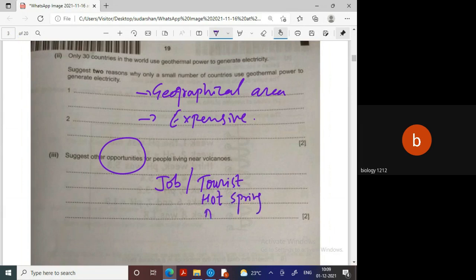You can use the land for agriculture, but for a limited time actually, because lava, magma, basically they are a rich source of minerals, so it's very good land for agriculture, right? So new land formation also takes place, and that is what we have as suggestions or opportunities for the people who are living near the volcano.